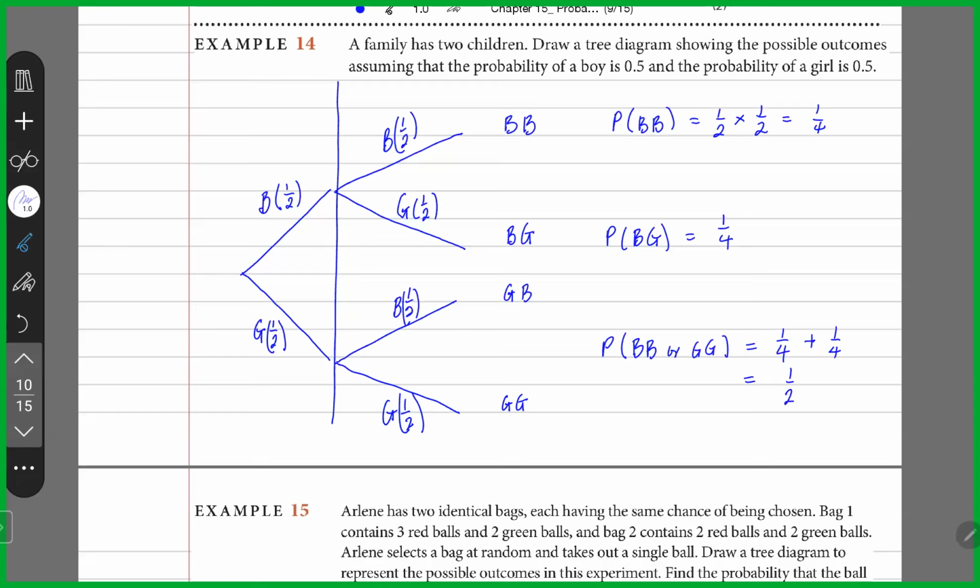So there's a 50% chance that both children will have the same sex. There is a 25% chance of getting a boy and a girl, or a girl and a boy. A 50% chance of both children having the same sex. All right. So those are some of the things that we could gather from this if we were asked.